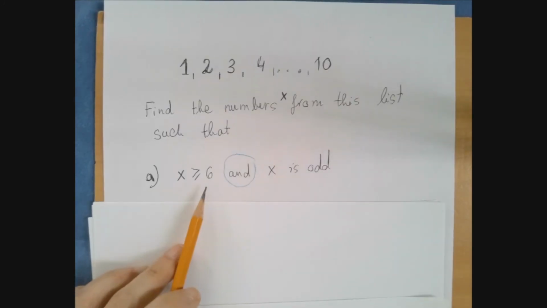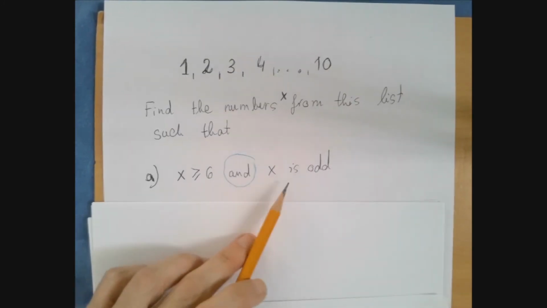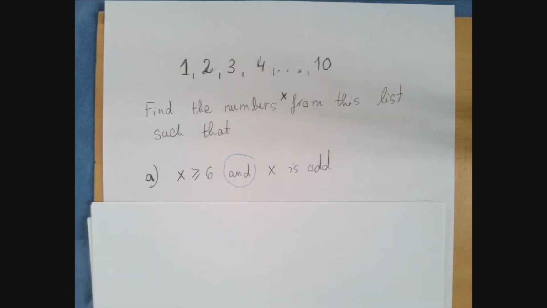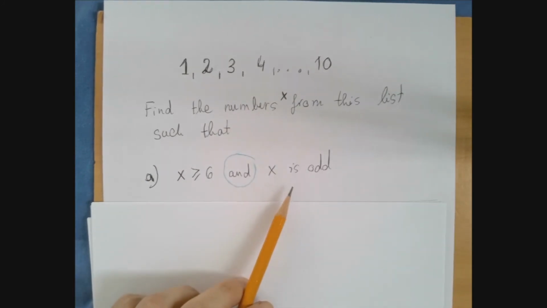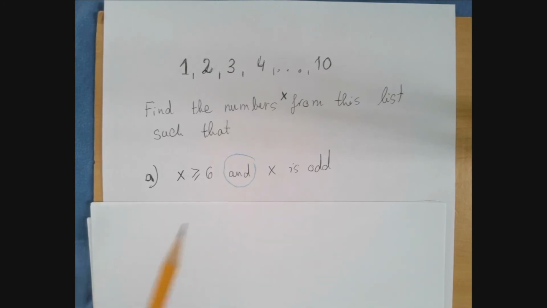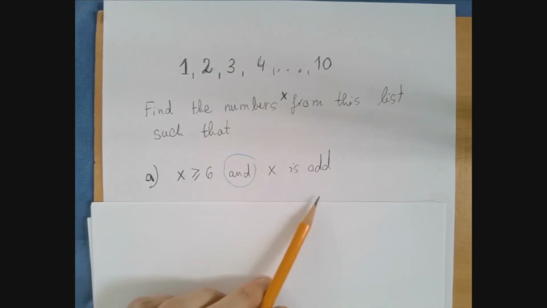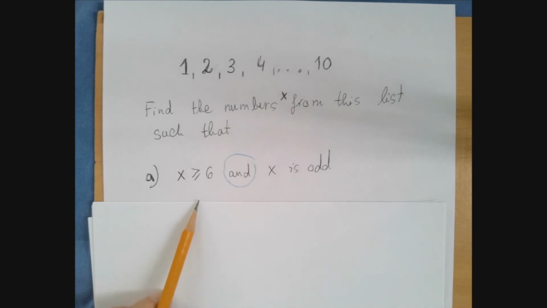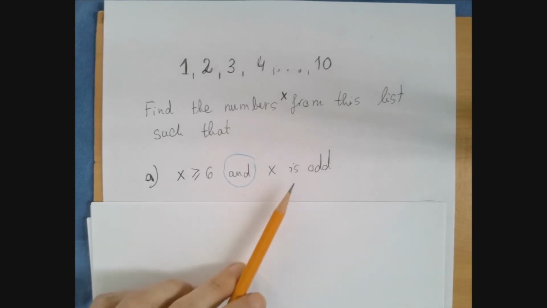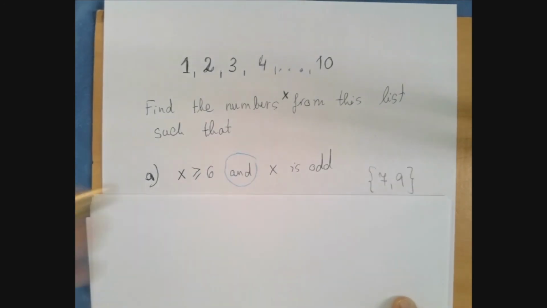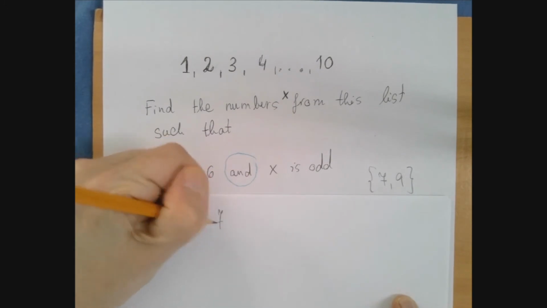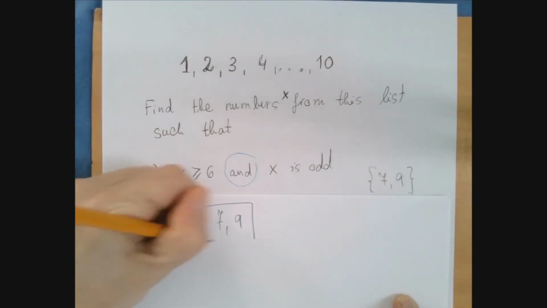What will happen when we roll up to 8? This will fail, so the whole statement will be false. Then we roll up to 9. 9 will work again. 9 is odd and greater than 6. So 9 works, and then 10 again is not odd. So the answer for part A is 7 and 9. These are the only numbers that work.